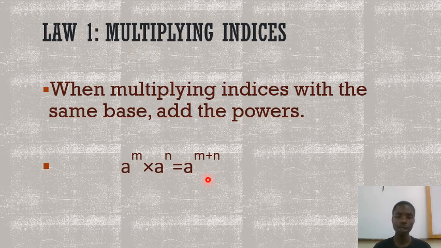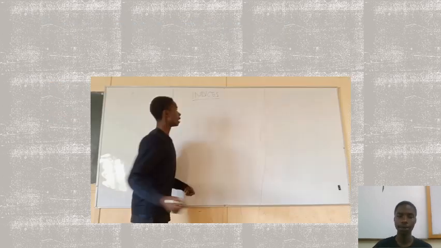But one thing you should always remember: multiplying indices must have the same base. For any number that is going to apply this law, the base must be the same. That's why we say a^m multiplied by a^n gives us a^(m+n), because we add the powers.